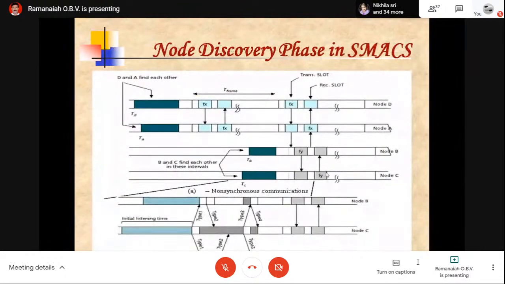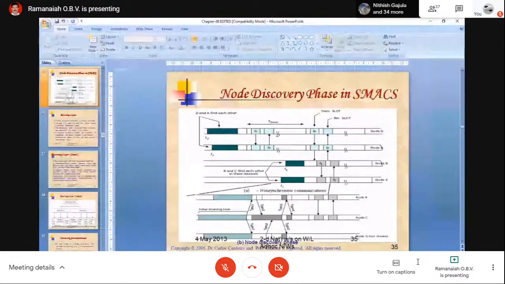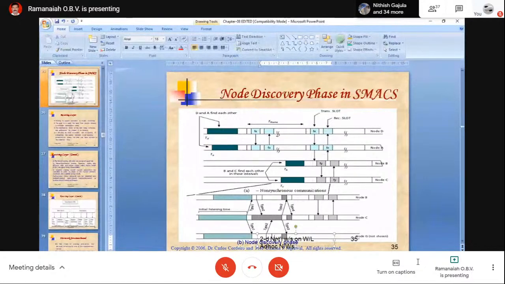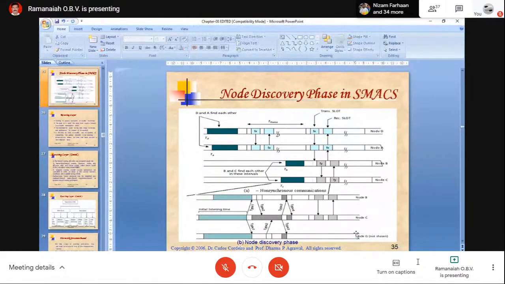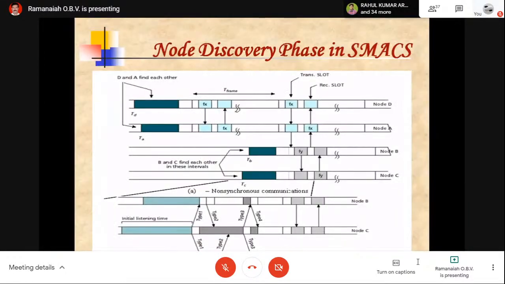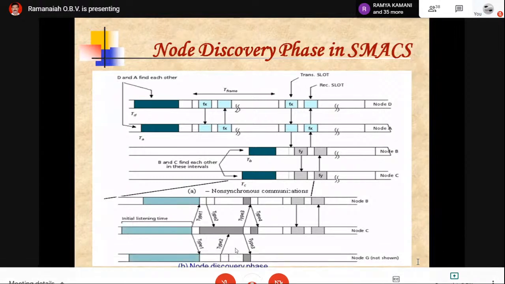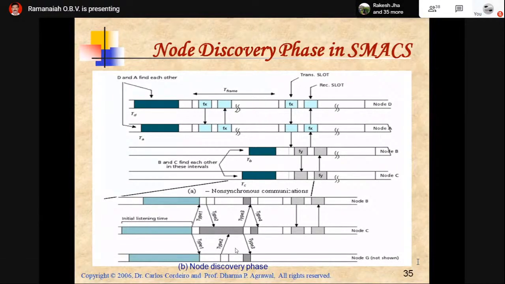So prior to that, you have to understand this node discovery phase, right? So how does this happen? You can see there are 4 types of control messages.